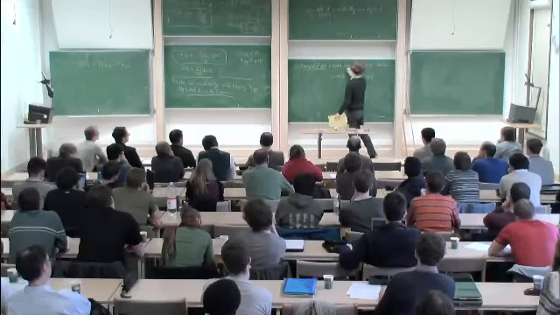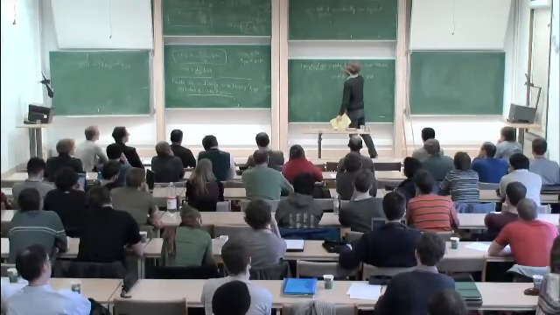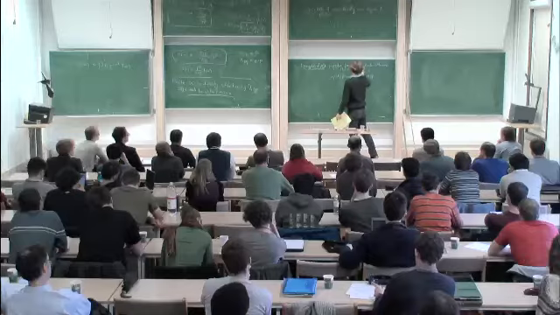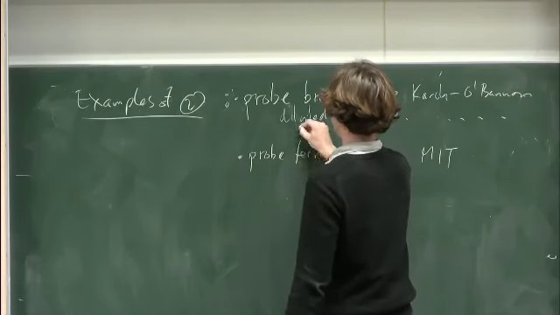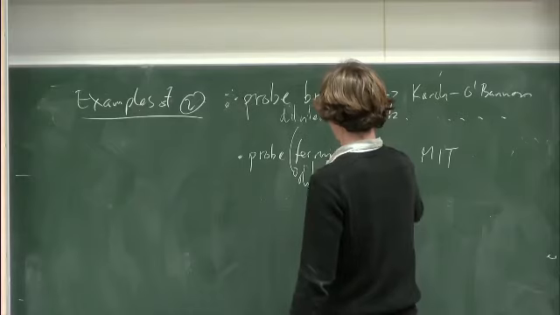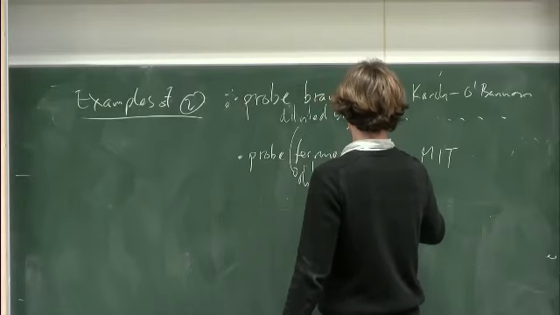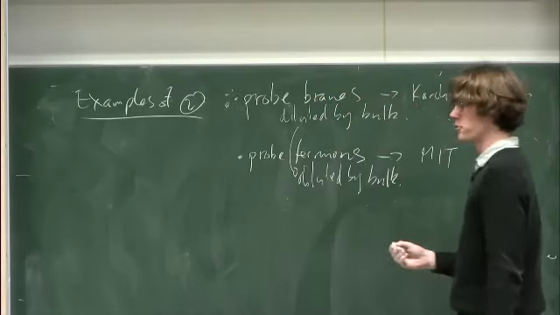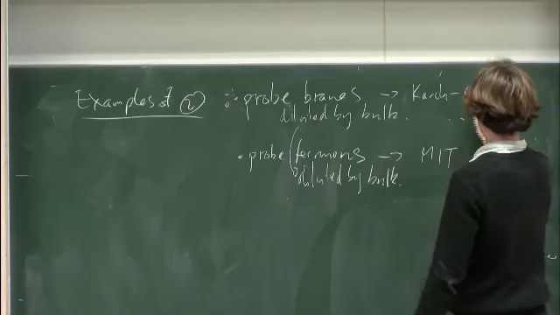So these are probe branes diluted by the bulk. These are probe fermions, actually, I guess, also diluted by the bulk. And there have been some interesting results.